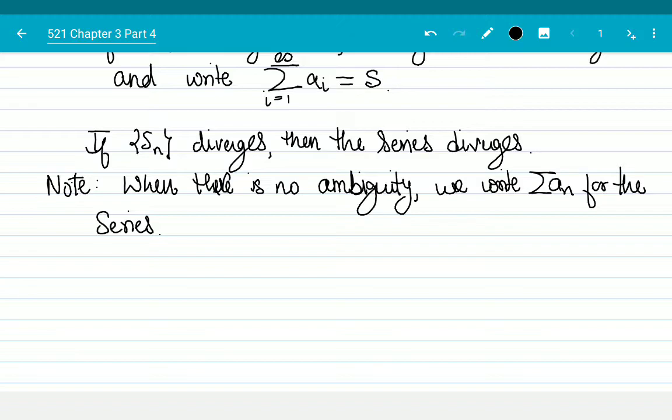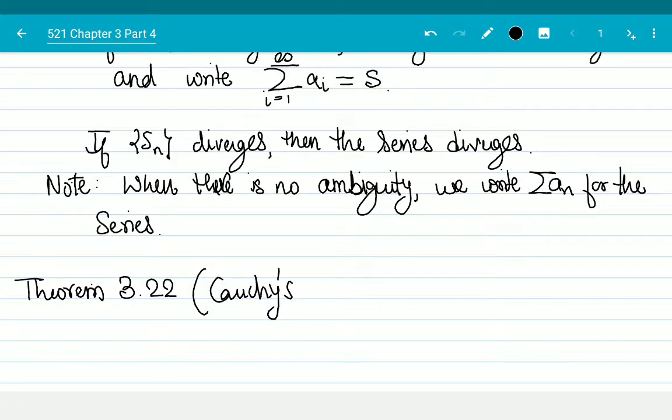Then the Cauchy criteria can be restated as follows. Theorem 3.22, Cauchy's criteria.